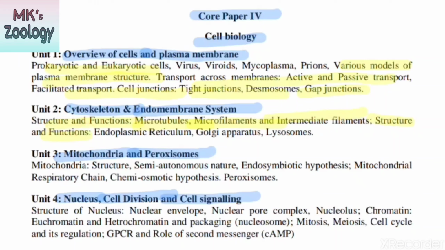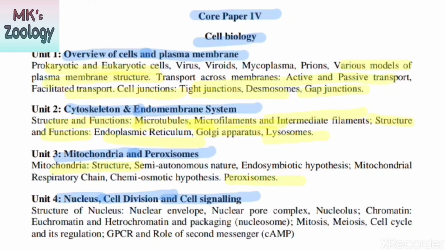In endomembrane system, you have to study about the endoplasmic reticulum, Golgi apparatus and lysosomes. Then Unit 3. In Unit 3, you have to study about the structure of mitochondria and different kinds of mitochondrial respiratory chain and chemiosmotic hypothesis and peroxisome.